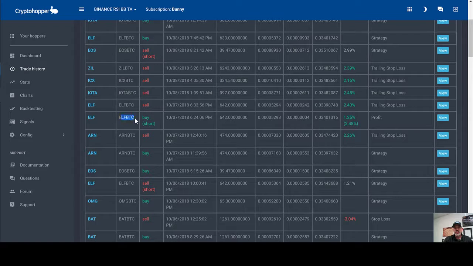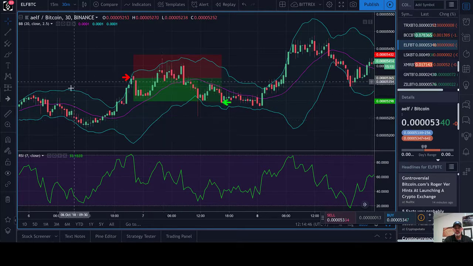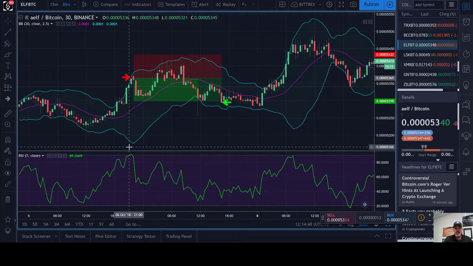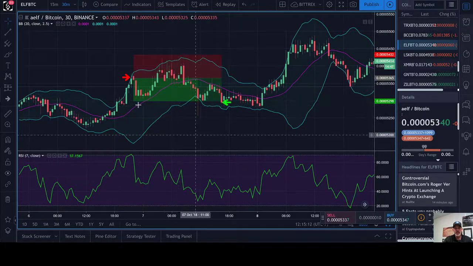And so if we go ahead and take a look at the ELF chart on TradingView to see how this actually played out rather than just a trading history, we can see back here on October 6th, the market hits our Bollinger Bands and it hits our overbought signal for ELF, at which point the short is put on. And so it travels down, and we're looking for a 1.25% profit before we close out.